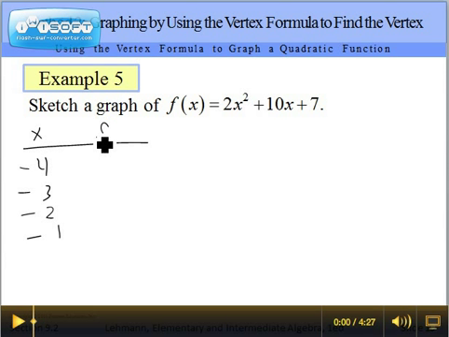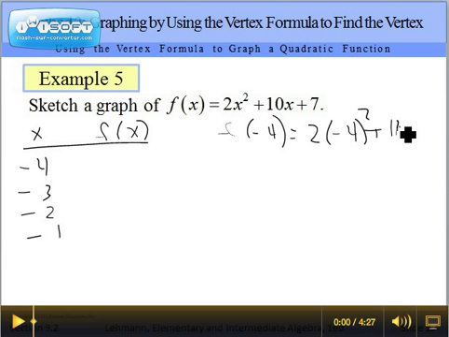So if I take f of negative 4, I would have 2 times negative 4 squared plus 10 times negative 4 plus 7, and that ends up giving me negative 1. I could do the same for negative 3, I'd end up with negative 5.